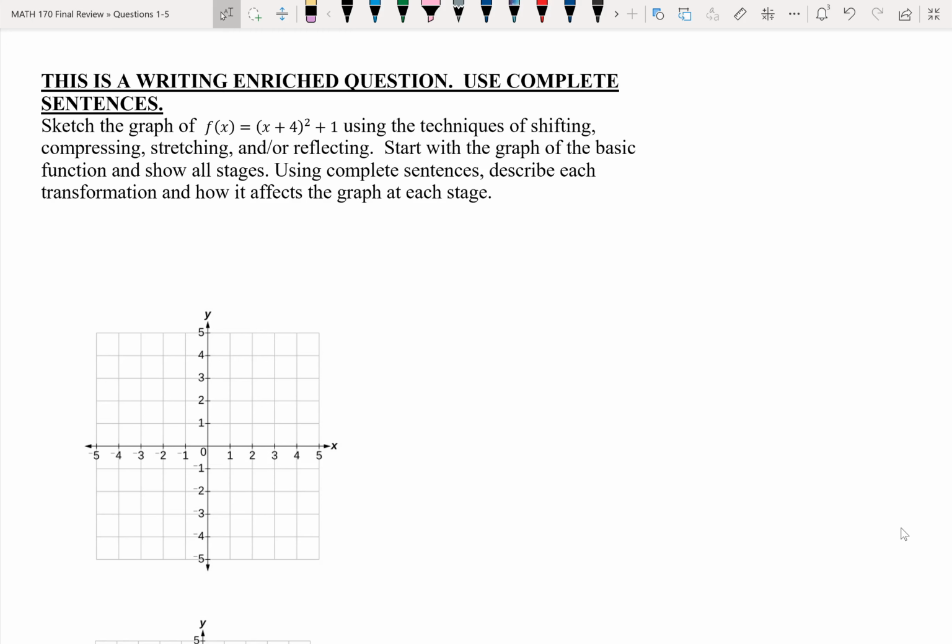Okay, so we know that we're going to be graphing. We're going to use the techniques of shifting and compressing, stretching, or reflecting, and that we're going to be writing some sentences.